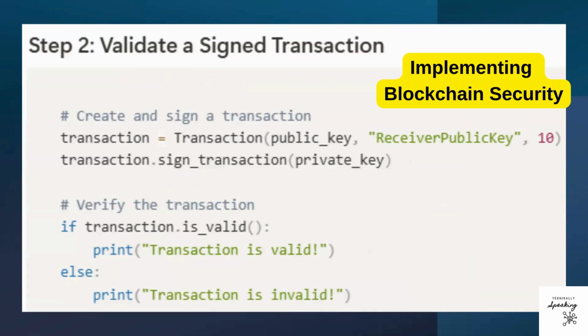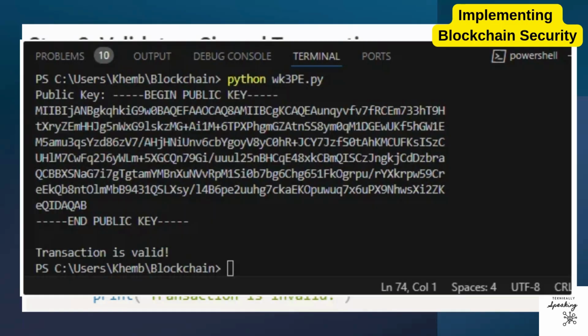All right. Now, I do have the full code for you to copy and paste in the resource folder, but I want you to download the file, review it in your IDE, save it, and run it. And in your terminal, you should receive something as such. And as you can see, it shows the beginning of the public key and the end of the public key. So that's the full public key that is shared. And then it shows the transaction is valid. Just run this.